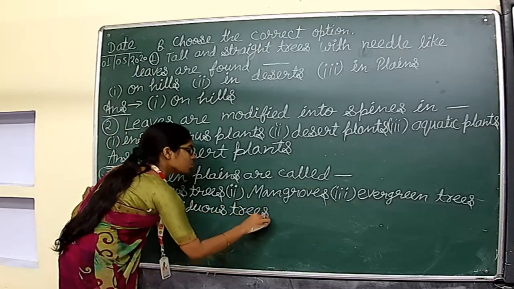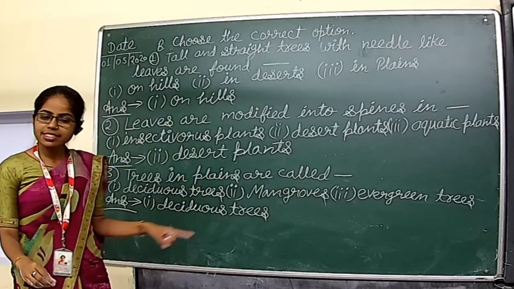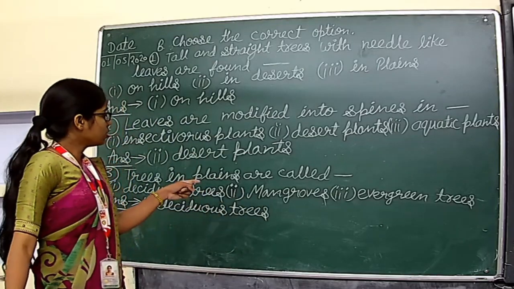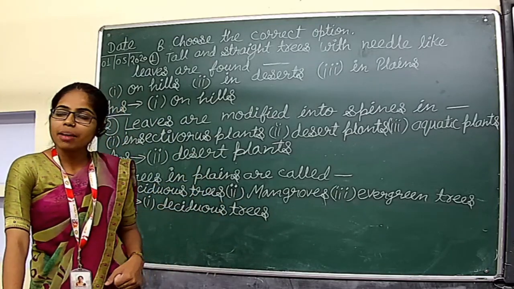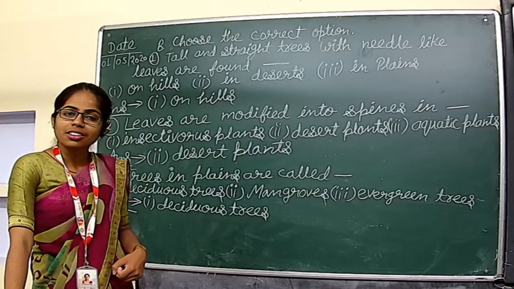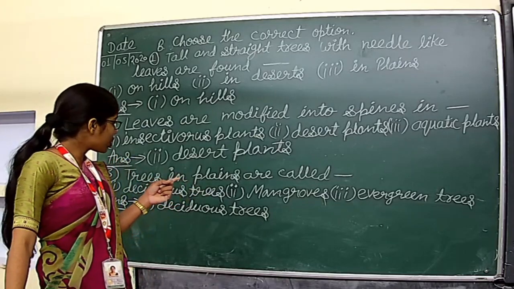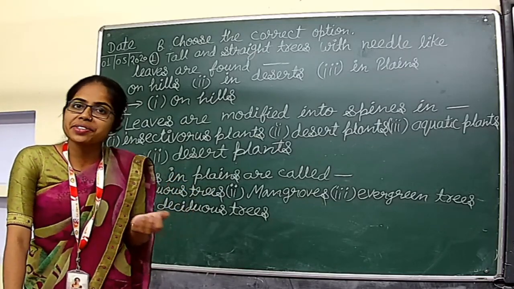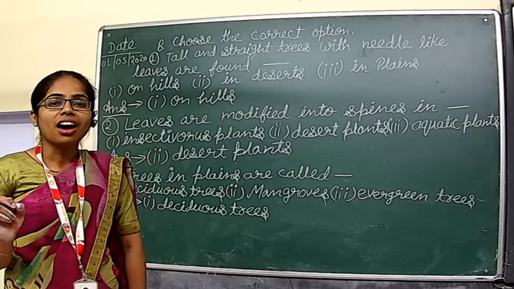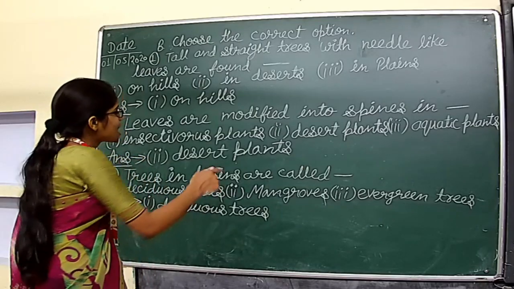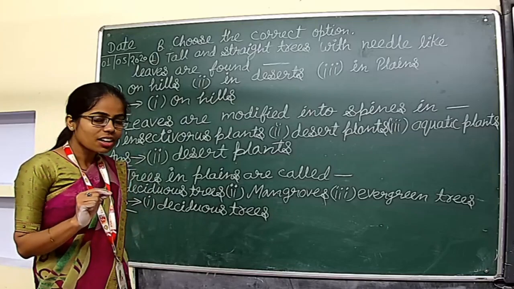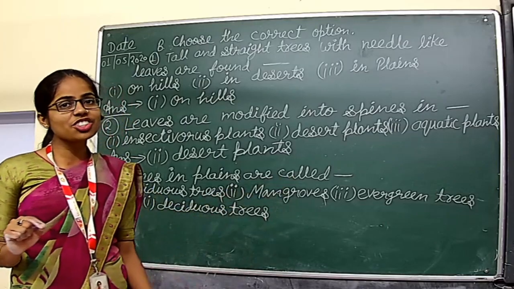And two more options are given. Let's discuss them also. The second option is mangrove. Last week we studied that the trees which grow in marshy areas are called mangrove. And about evergreen trees?